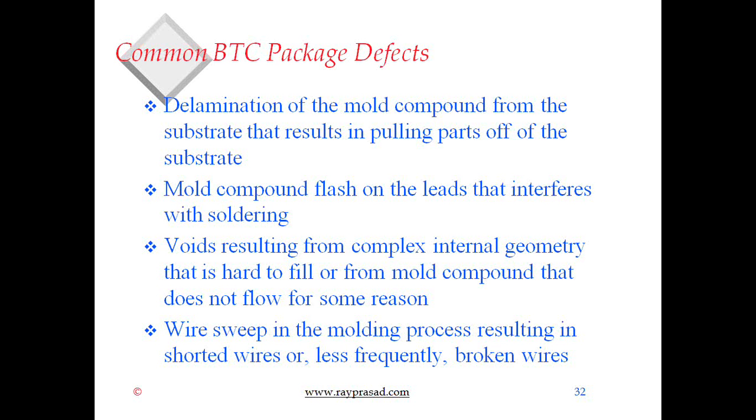So those are the kind of defects the package guys have to inspect and make sure they don't send it to you. There could be void in the molding compound itself that will cause the void in the package body.